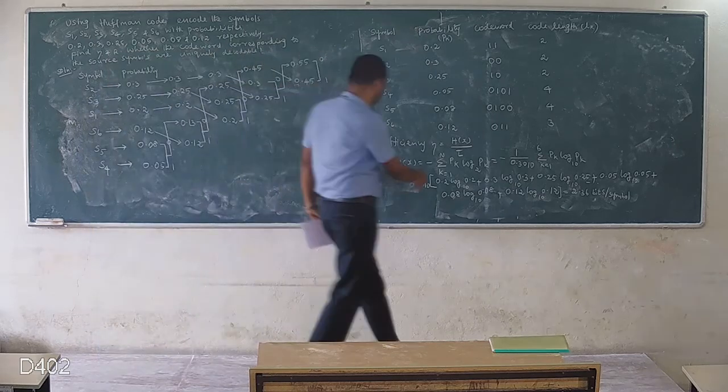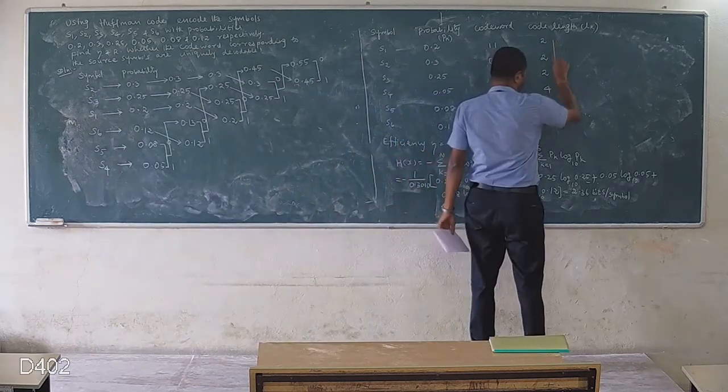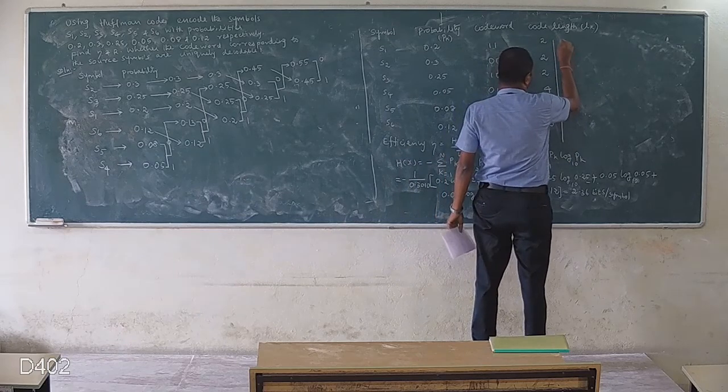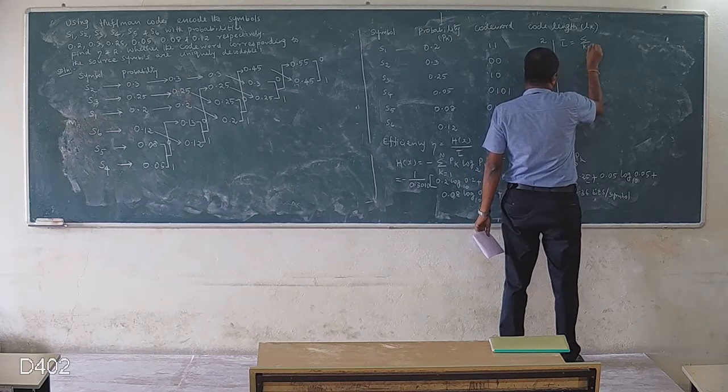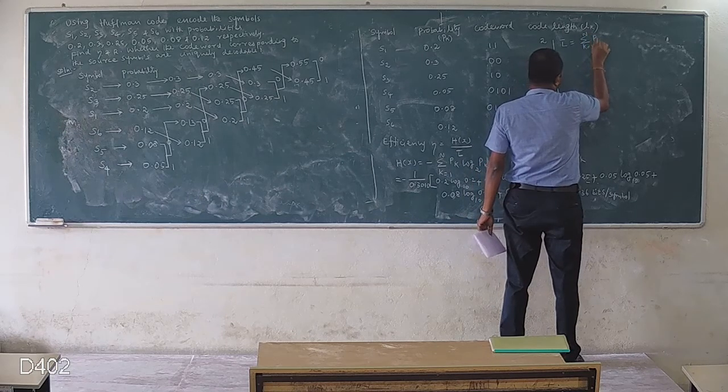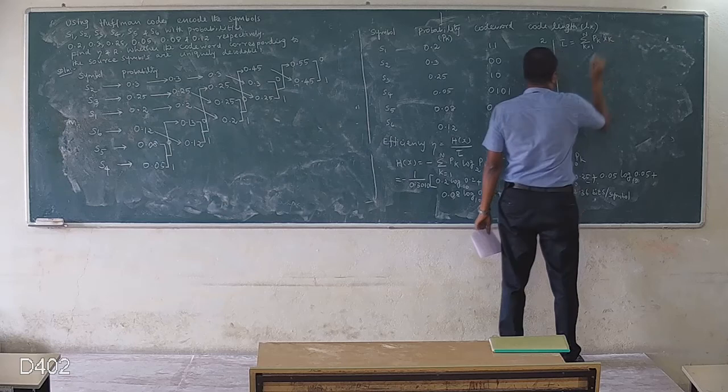Similarly, you have to find L bar. The formula for L bar is equal to summation k is equal to 1 to n of pk into lk.